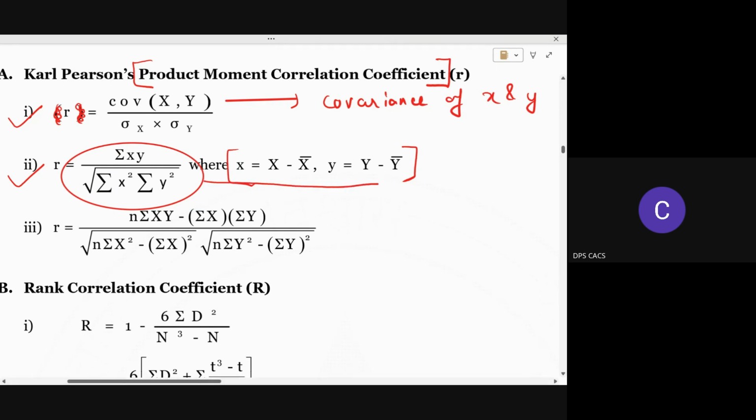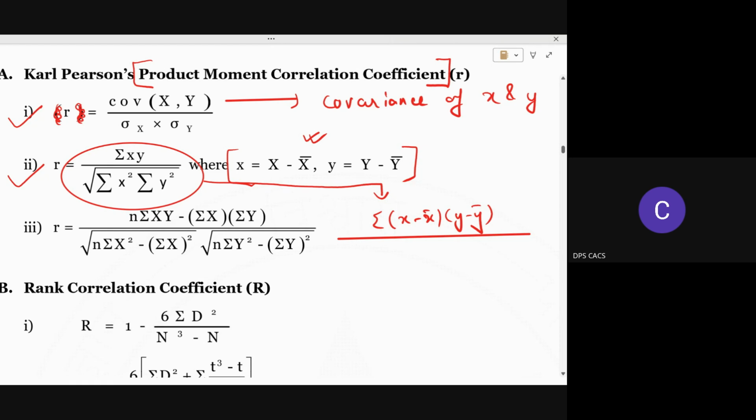If I change the form of this formula according to the condition, then the formula will look like this. R is equal to summation of x minus x bar into y minus y bar. If you want, you can copy this in your book, but this is the main formula. The one that you are seeing is not the exact formula.